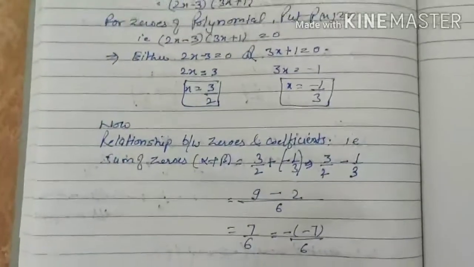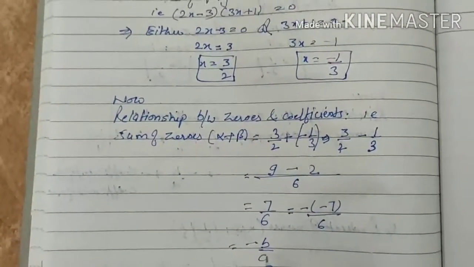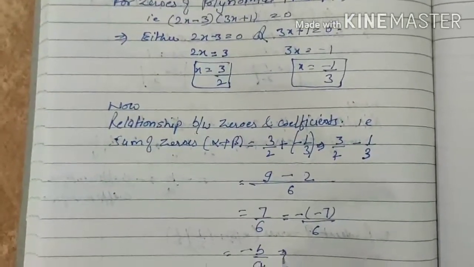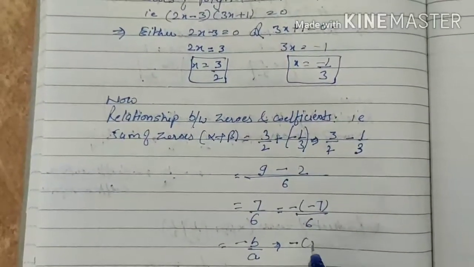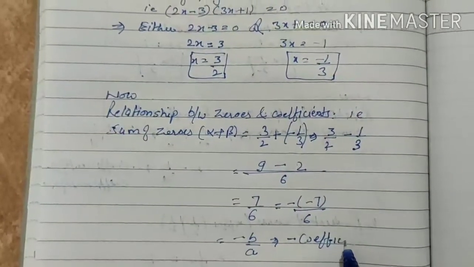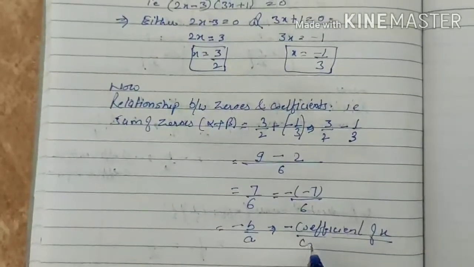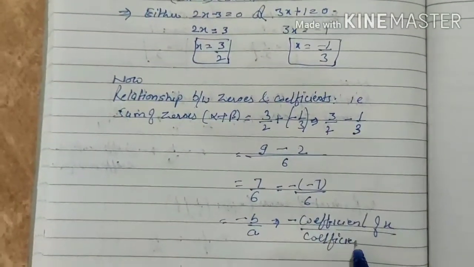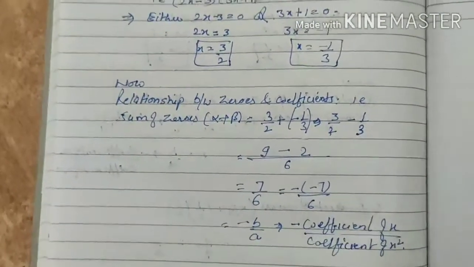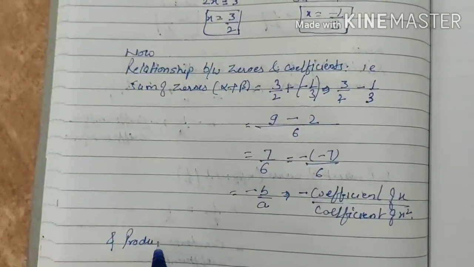So we can write minus of minus 7 as minus b, and 6 is a. So minus b by a, where b is the coefficient of x and a is the coefficient of x square.